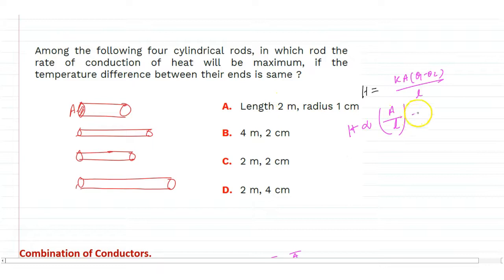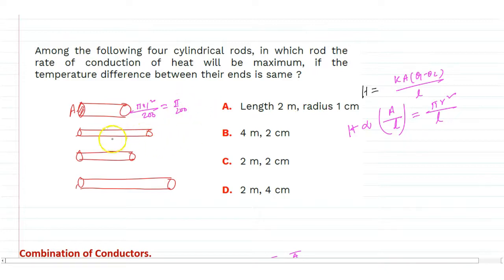A means pi r square by L. In case of A, length is 2 meter and radius 1 centimeter. So pi into 1 square by 2, that means pi by 2. It is not necessary to change the dimension. Here length is 2 meter and radius 1 centimeter, so you can write the 2 meter as 200.